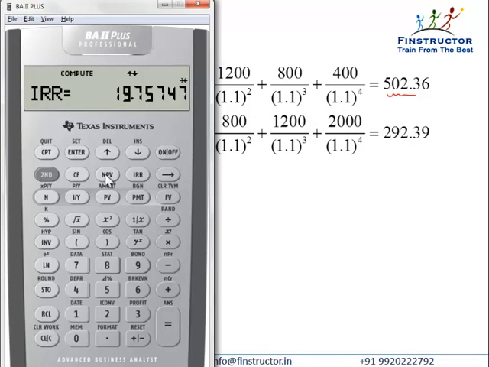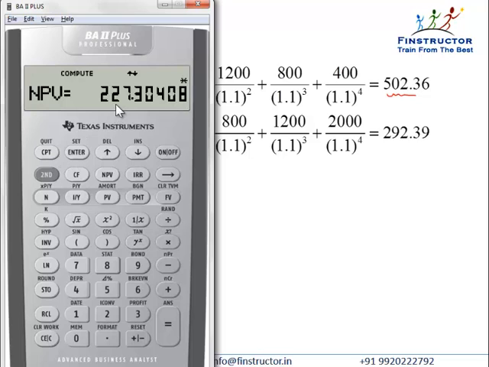So let's go back to the NPV sheet. At 10% we've already calculated. Let's see how much the NPV would be if the discount rate was 15%. So press the button 15 and press enter. Scroll down and press compute.